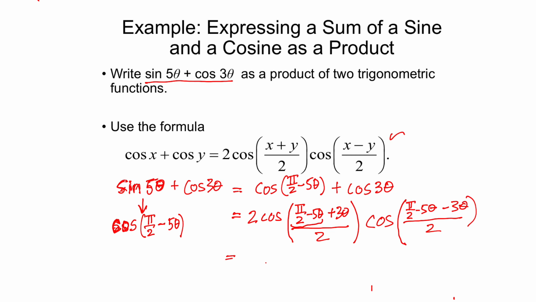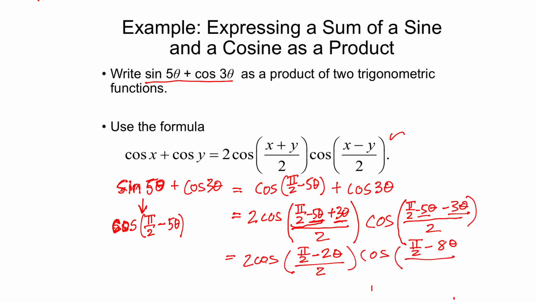All right, and then simplifying in here, we have a negative 5 theta plus a 3 theta, so those can be combined together as pi over 2 minus 2 theta. Negative 5 plus 3 gives me negative 2. And combining these two together, that's going to give me negative 8 theta. So pi over 2 minus 8 theta all over 2.